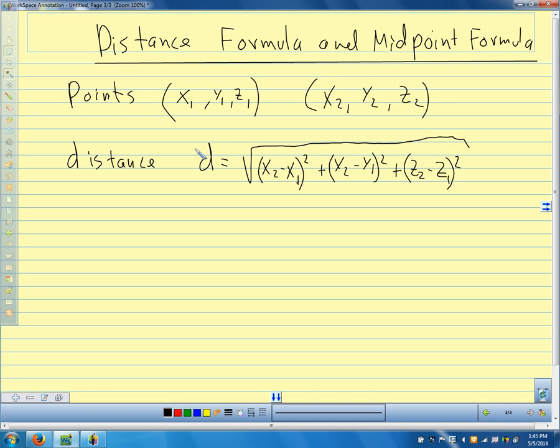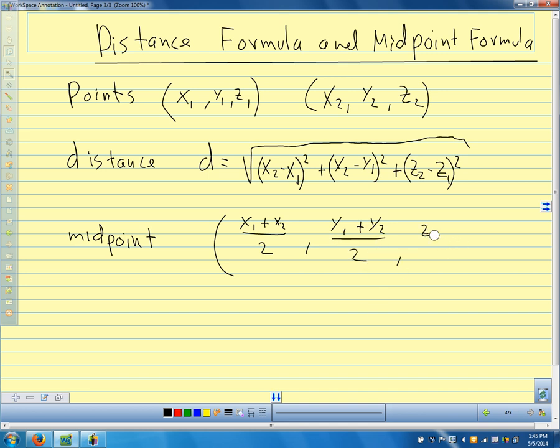And our midpoint between these 2 points. Just like our midpoint formula in 2 dimensions, we have the averages of the coordinates. x1 plus x2 divided by 2 gives me my x coordinate. y1 plus y2 divided by 2 gives me my y coordinate.